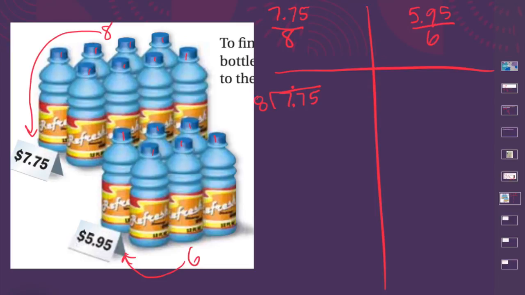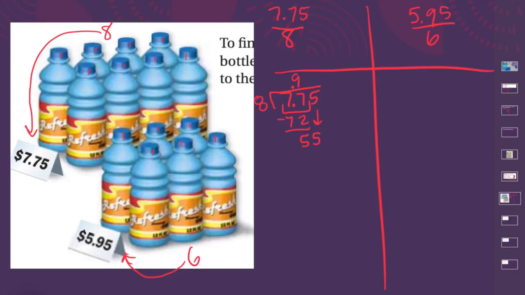We line our decimal point up in our quotient, and 7 ones cannot be divided into 8 equal groups. So let's do 77 divided into 8 equal groups would give us 9, because 9 times 8 is 72. We subtract, we have 5 left over.